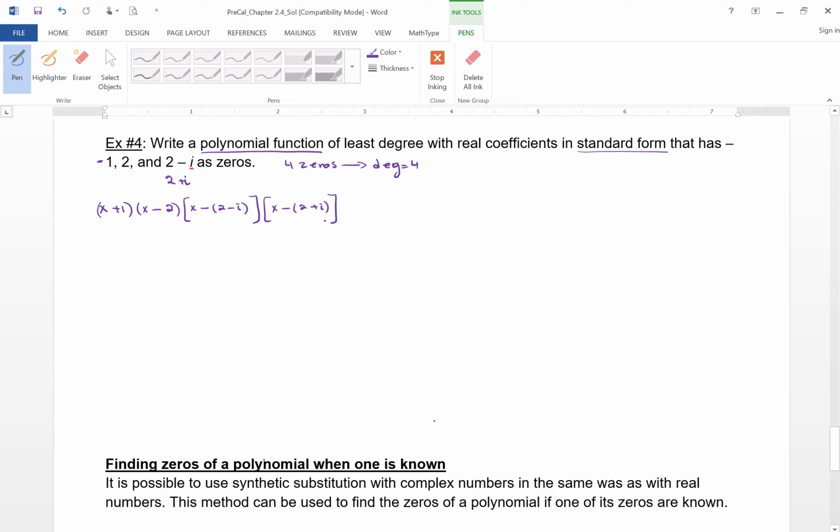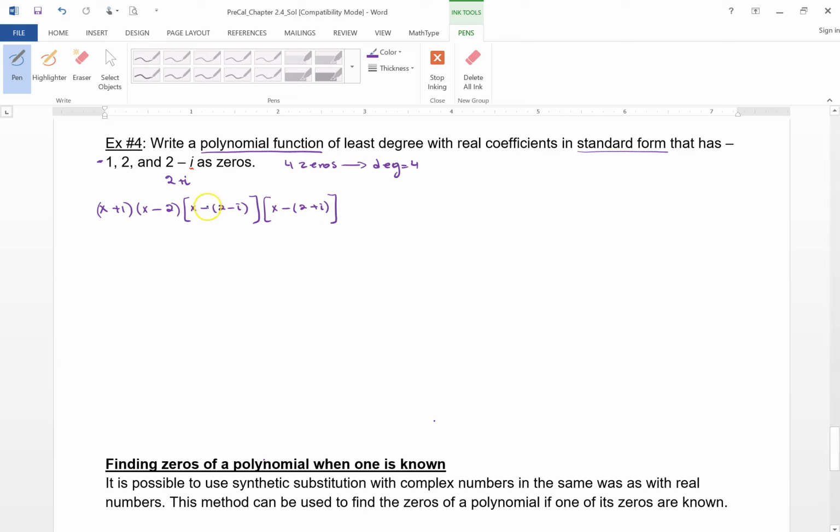So it's x minus the first zero, x minus the second zero, x minus this zero, x minus the other zero. Always minus, because it's always going to switch sign when you solve.